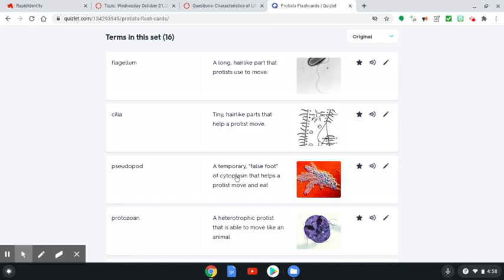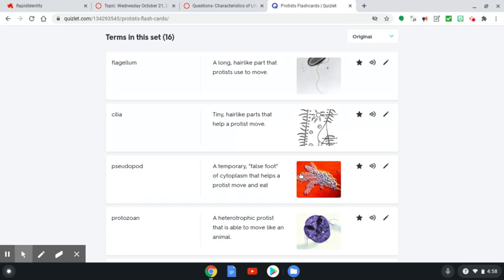A pseudopod is a temporary false foot of cytoplasm that helps a protist move and eat. And if you've ever got those little things out of the 25-cent machine and it looks kind of slimy, and you throw it on the wall and it'll kind of slide down the wall and stretches out, that's what pseudopods remind me of.